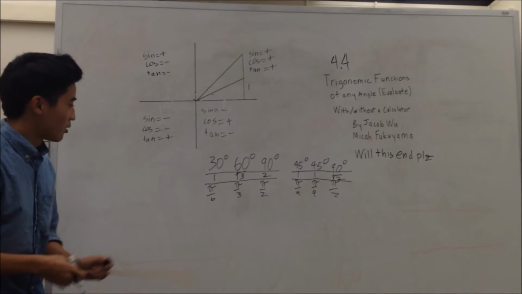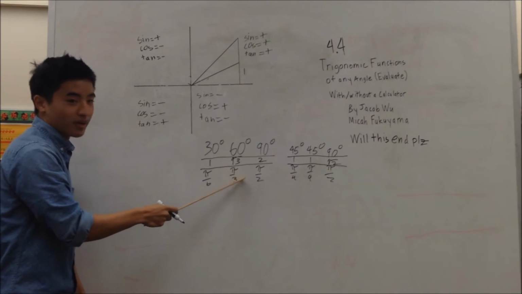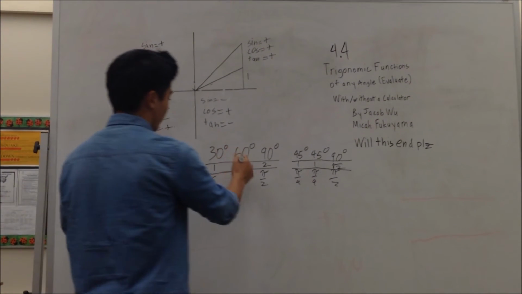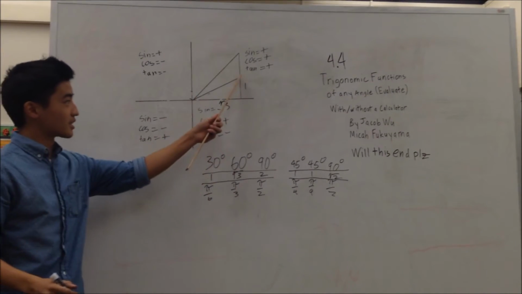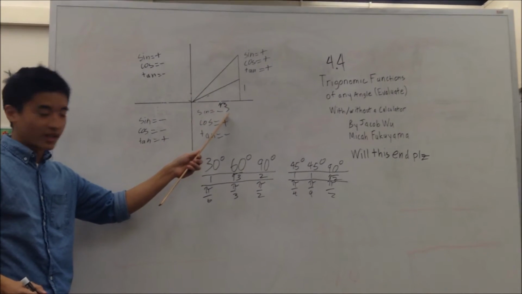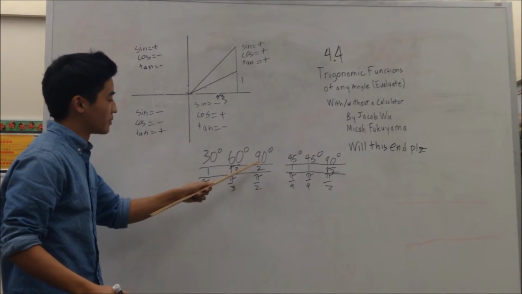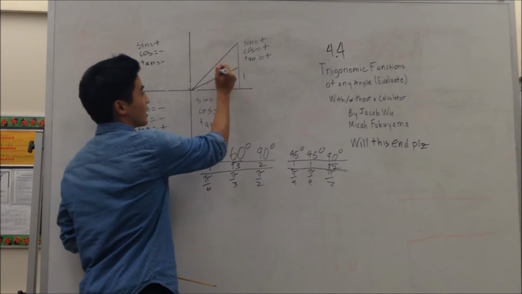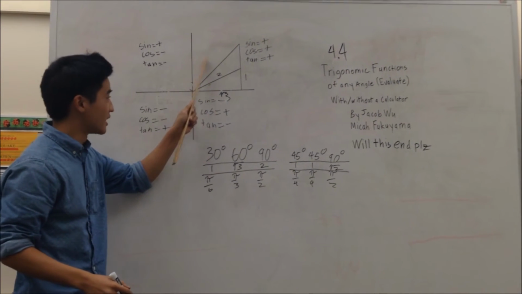Now we have 60 degrees right here, or in radians, pi over 3. So now we're going to have radical 3, which is right here. Now, for 90 degrees, the opposite side would be 2, which is right here.